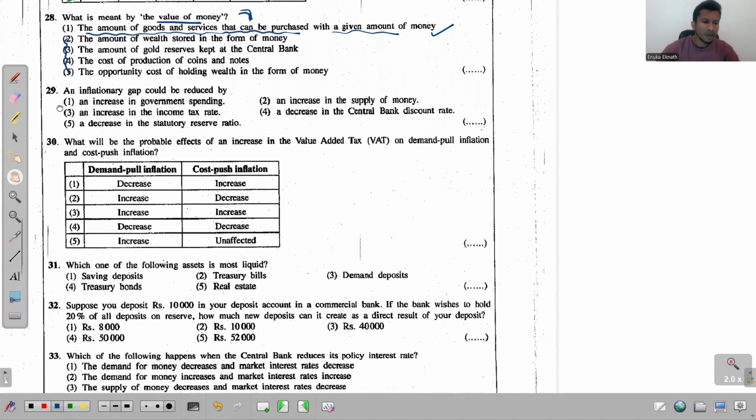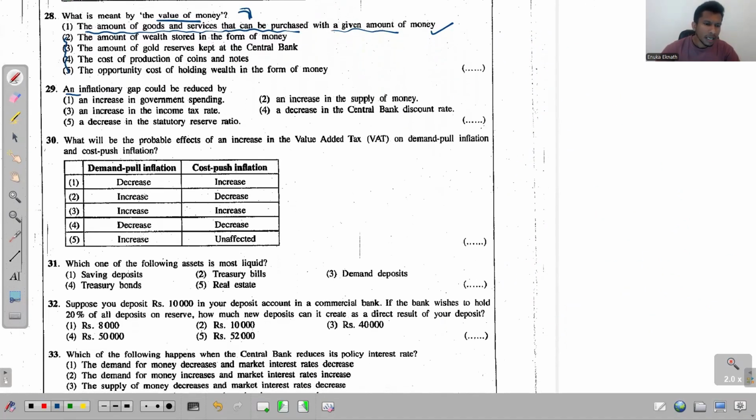Right, now look at this question 29. It says an inflationary gap could be reduced. Okay, so this inflationary gap arises, according to this Keynesian approach under demand pull inflation, when the aggregate demand exceeds the aggregate supply. In other words, when the aggregate expenditure exceeds the aggregate income, this inflationary gap arises.